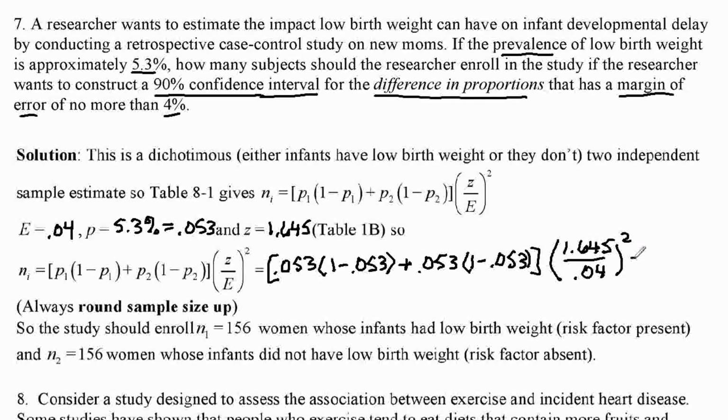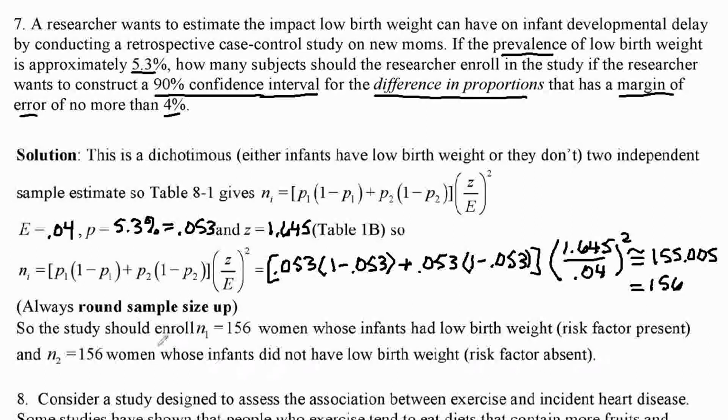So I plugged this into my calculator and I got just slightly over 155. It's 155.005, but we always round sample sizes up, so this one will go to 156.